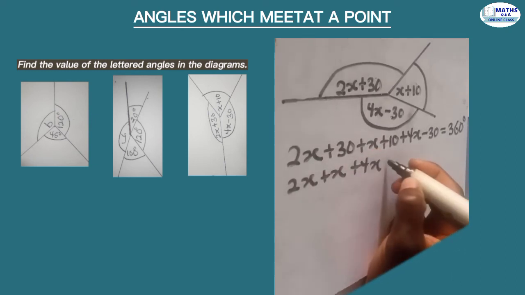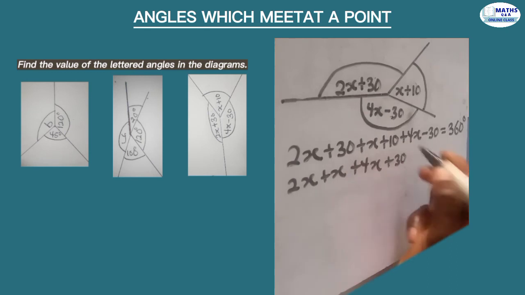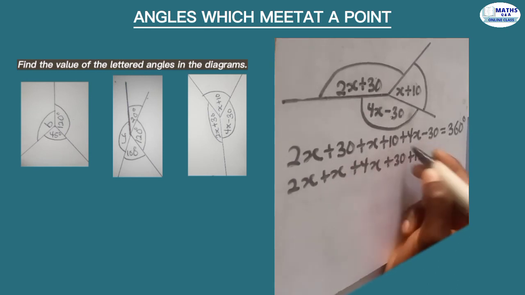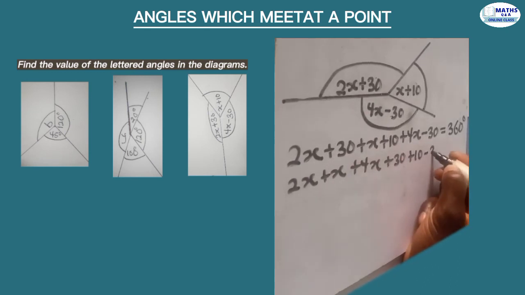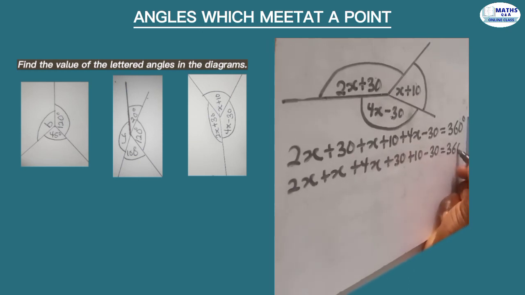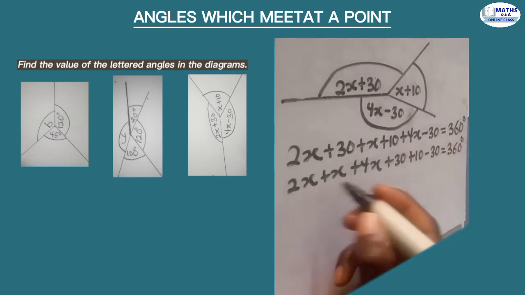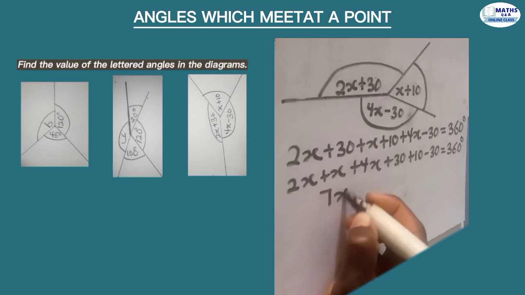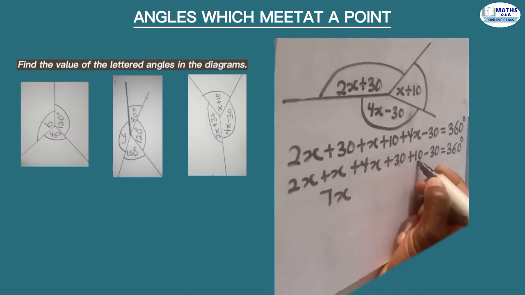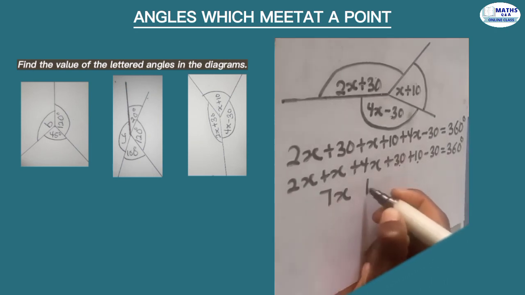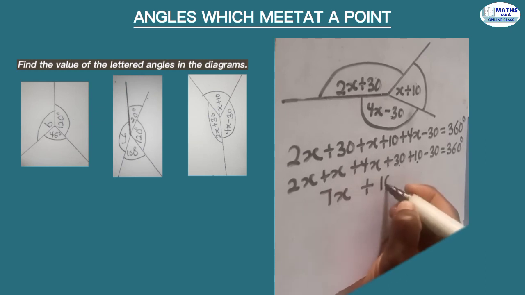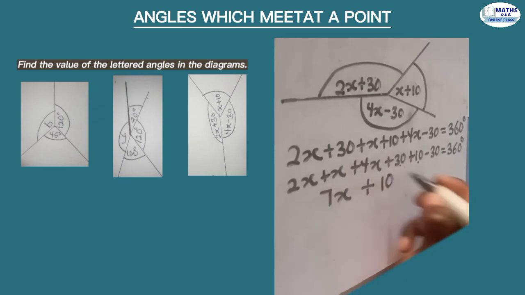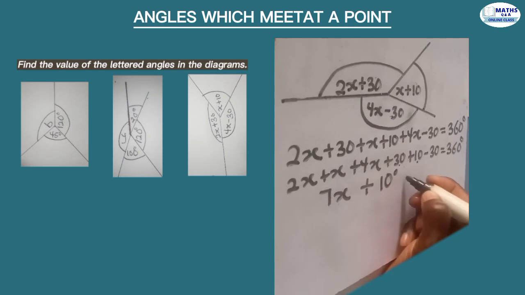Okay, now we have positive 30 plus 10, then minus 30, all equal to 360 degrees. So 2x plus x plus 4x give us what? 7x. Then 30 plus 10 minus 30 will be giving us what? We have 10 left here, right? So 10 degrees equal to 360 degrees.